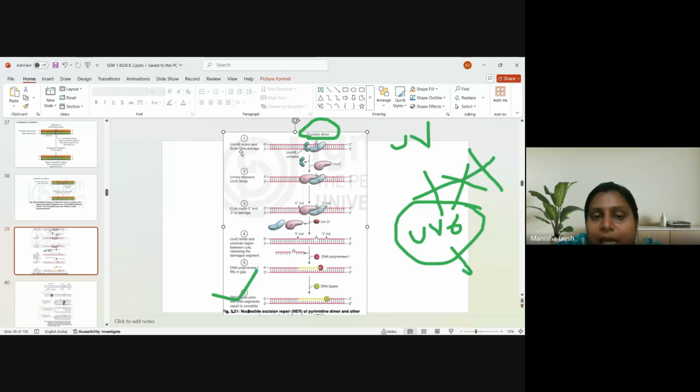Okay, so the damaged site or this pyrimidine dimer site can be identified by the UVRAB complex. Now, as the UVRAB complex binds to the mutagen site, UVRA is released and only B remains bound to the location, followed by the binding of UVRC. So now B and C are bound to the damaged site on the DNA.